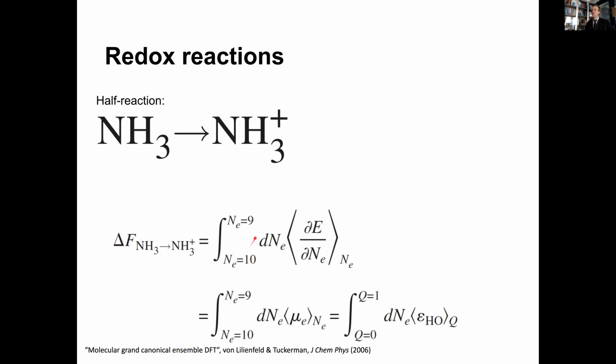So our integration limits should be the number of electrons going from 10 to 9. What we have to integrate over is the stat-mech average of the derivative of our energy with respect to lambda, the number of electrons. So we should sample the electronic chemical potential, or in other words, the HOMO eigenvalue, as our charge goes from neutral to +1. We're removing one electron.